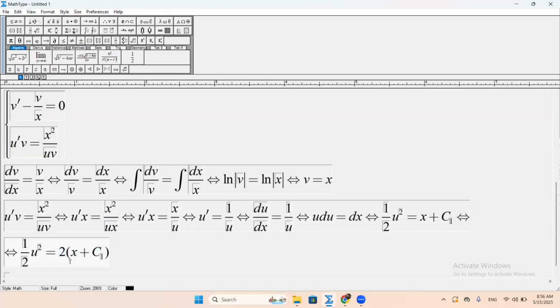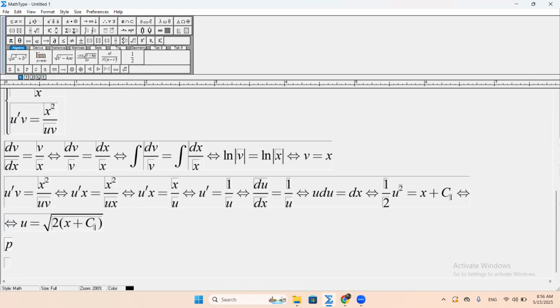So u equals this expression. Then what does p equal? Let's write down p first of all. p equals x times the square root. And then y prime equals x times this square root.